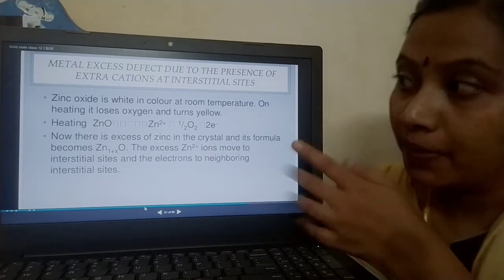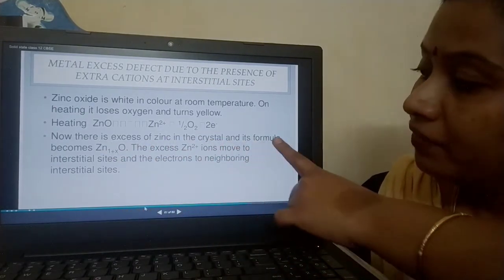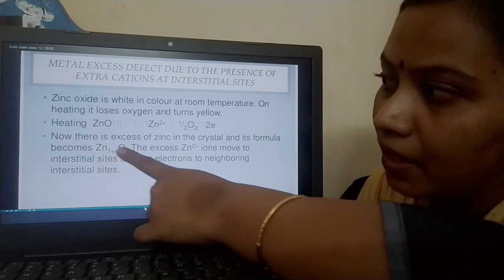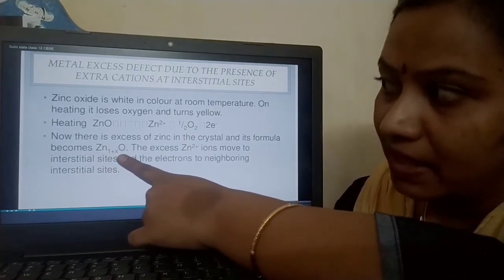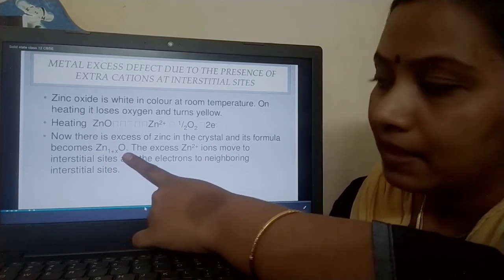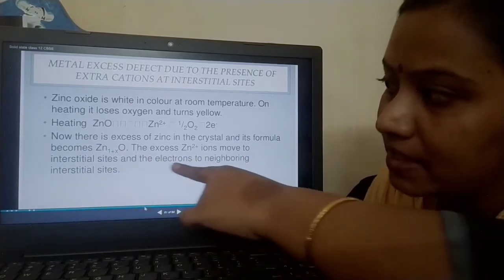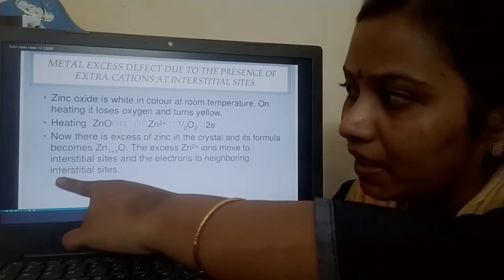See here, when there is an excess of zinc in the crystal, the formula becomes Zn(1+x); there is excess of zinc here, so it is represented as 1 plus x. Now this excess zinc ions move to the interstitial sites and the electrons to the neighboring interstitial sites.